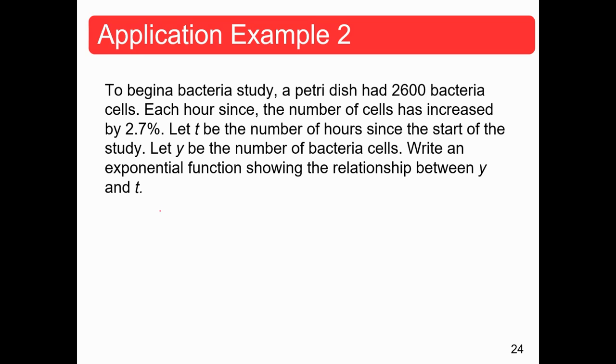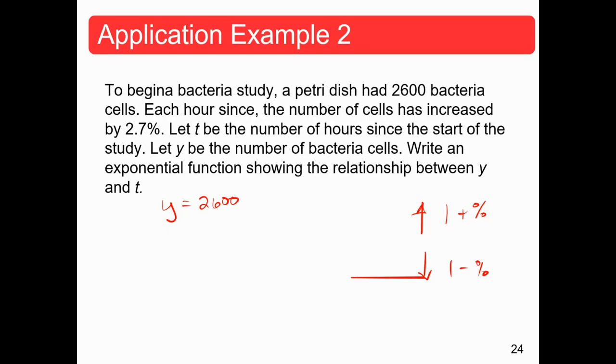So here we are going to have Y. We know our beginning value is going to be 2,600. And anytime something is increasing by a percent, you're always going to add 1 to that percentage in decimal form. If something is decreasing, you're going to subtract it from 1.